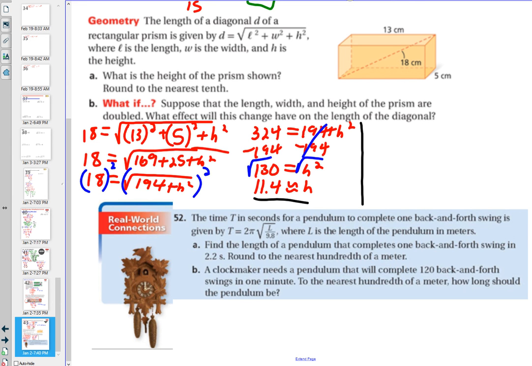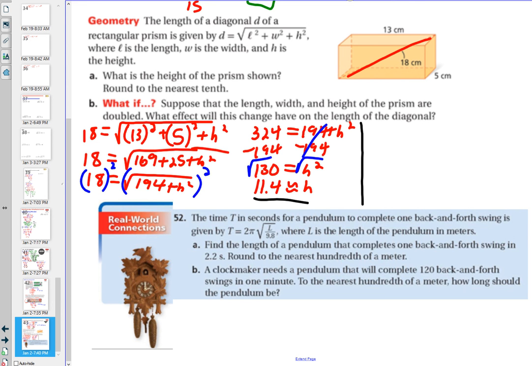So what you should have learned is, if the one-dimensional measurements, length, width, height, which take you in all three dimensions, horizontal, vertical, and depth, are all doubled, then any other one-dimensional measurement, whether it be the perimeter of a face or any other distance, would also double. It increases by the same factor. And this diagonal is a distance, so it's also going to double.